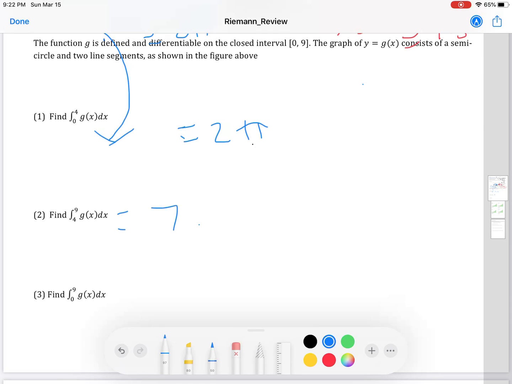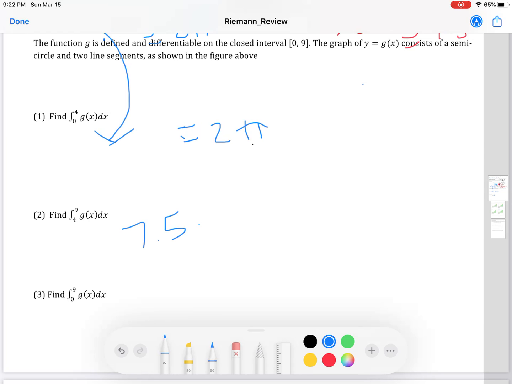We'll be consistent here and use red to let us know that we used a red area. And finally, it asks us for the integral from 0 to 9 of g of x dx. Well, here's the good news. We know the integral from 0 to 4, and we know the integral from 4 to 9 as well.